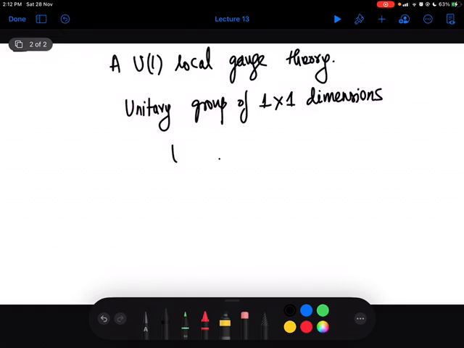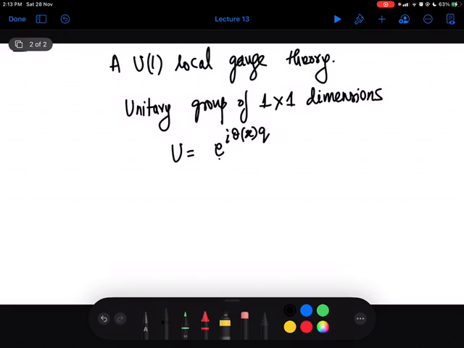So this U matrix is given just by e to the power i q theta, but then you have to make it local, so I put x, so it's a function of space. So this theta can vary with the space-time point, but even if it varies, what I'm demanding is that the theory should be invariant, the Lagrangian should be invariant, and q corresponds to the charge of the particle.